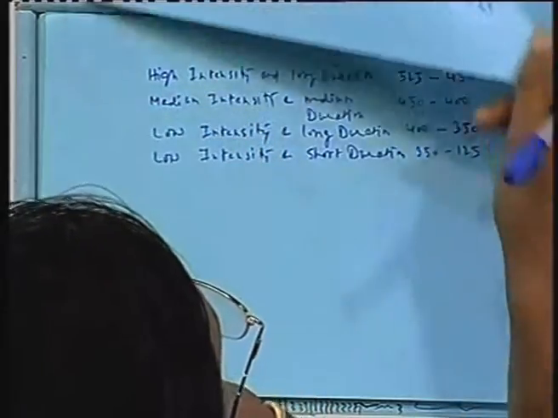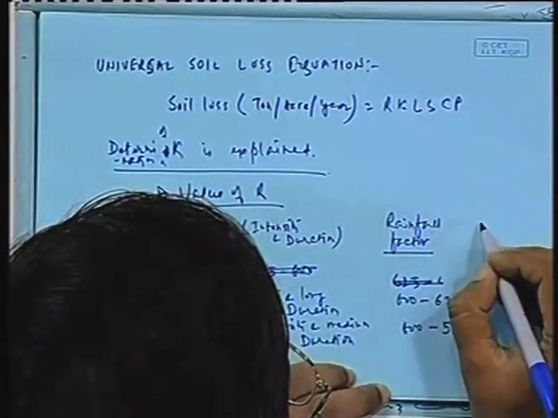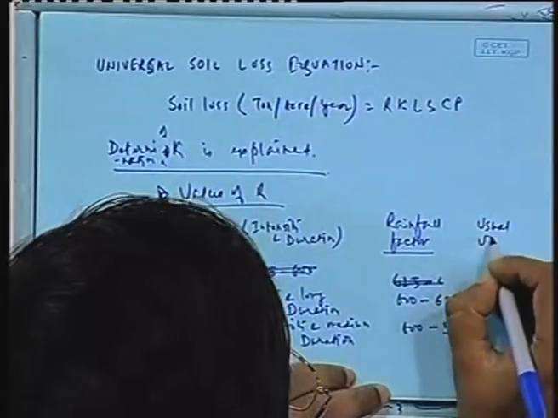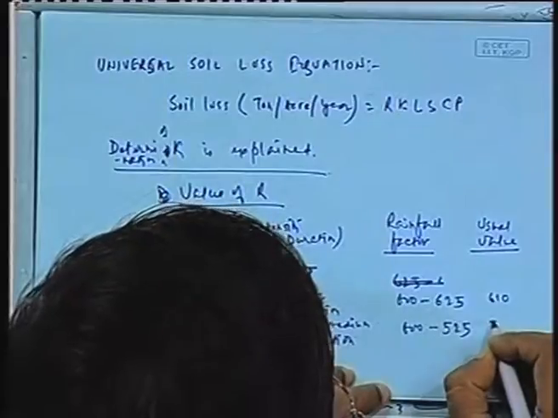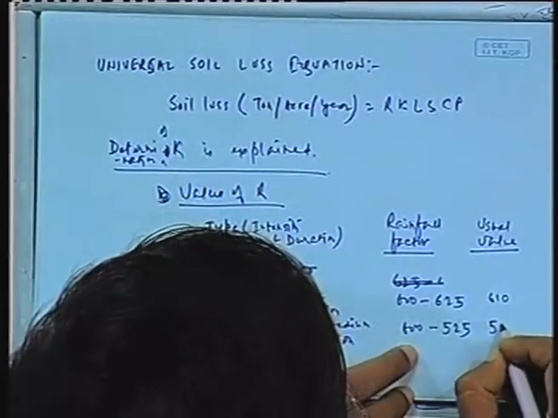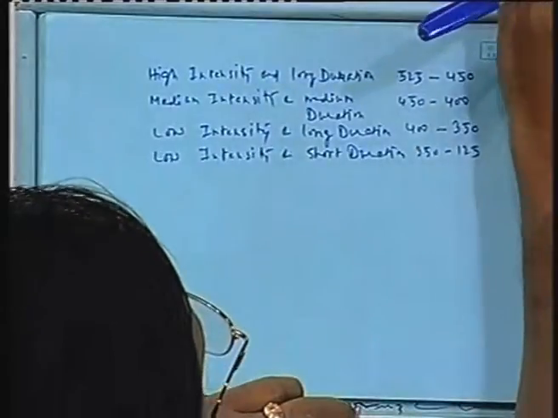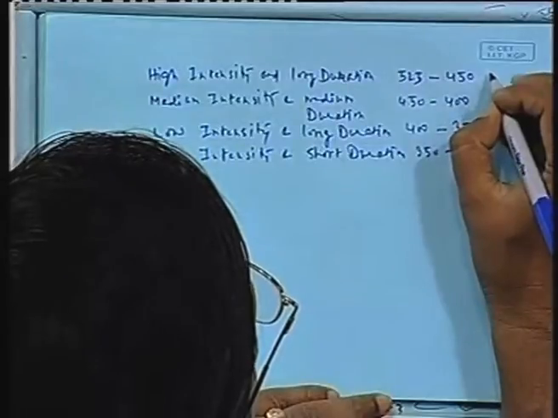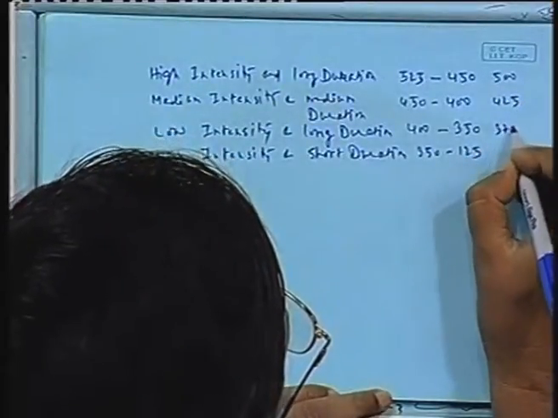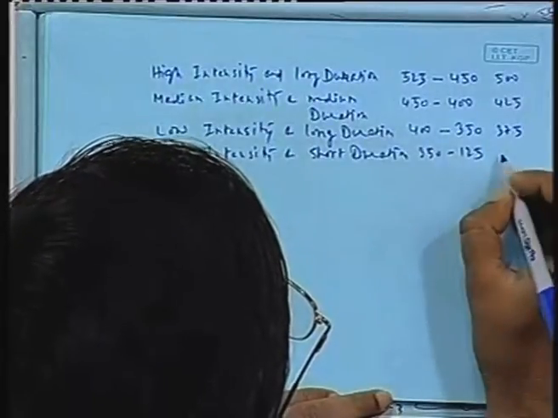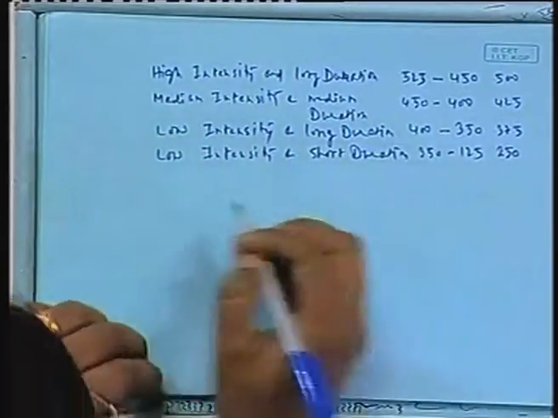The usual values you can take are 610, 570, then values between 500, 425, 375, and also 250. These are the values you can start with to calculate.